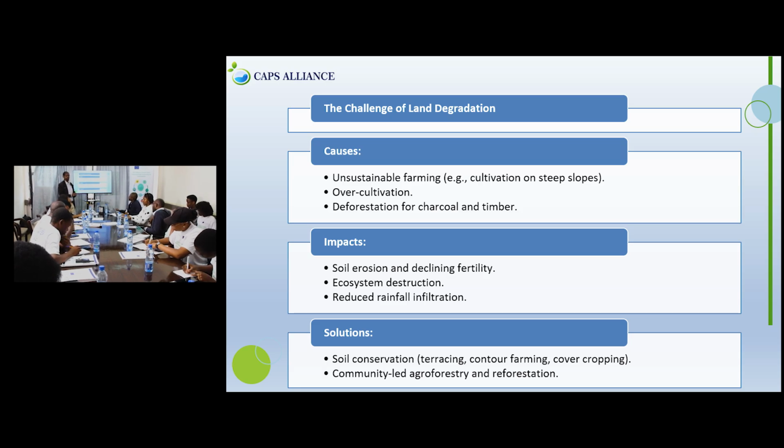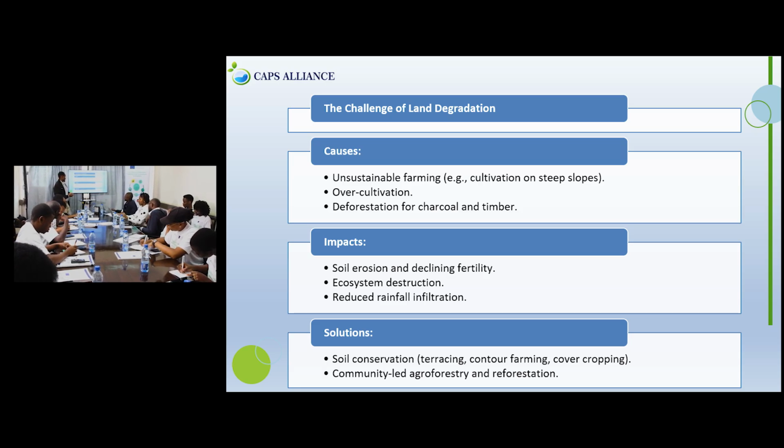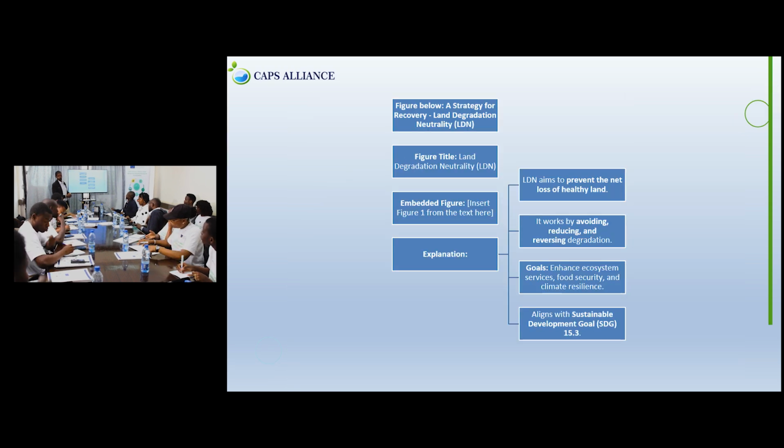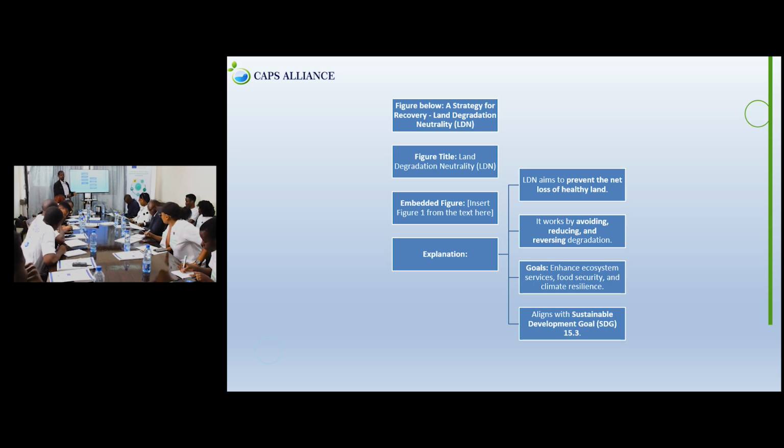So the more trees we have, the healthier the environment, leading to climate-friendly practices. Because there is what we call climate change. What causes climate change? A lot of destruction of biodiversity, destruction of forests and so forth, poor agricultural systems, and also use of fertilizers which are very harmful, causes climate change.